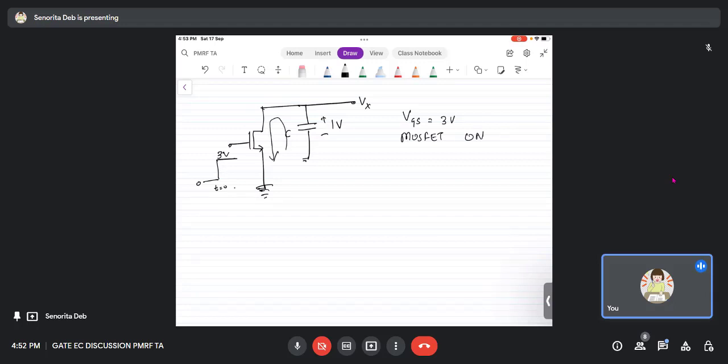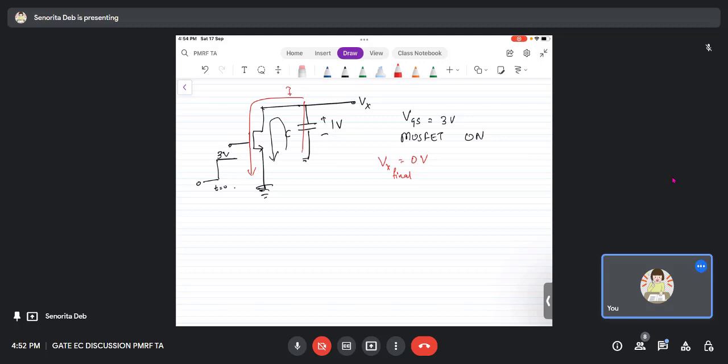There will be a current ID through this path, which acts as the discharge path for the cap, and the cap will finally discharge to 0 volts. So Vx finally will be 0 volts. This is what should happen. Now we will verify whether it is actually happening or not.